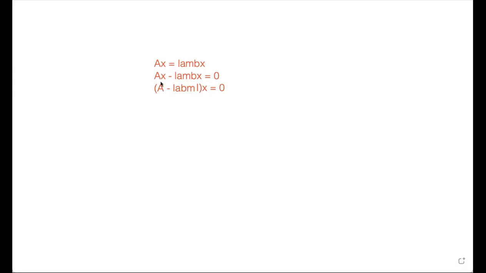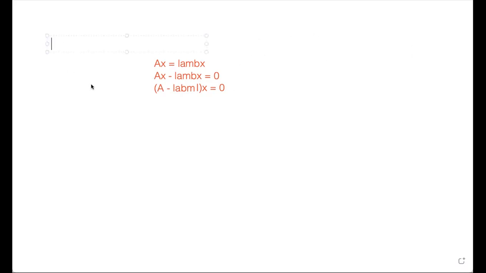Then because we want to calculate A minus lambda, and lambda is a scalar value, we need to multiply it by an identity matrix. An identity matrix is a matrix which contains one on the diagonal.